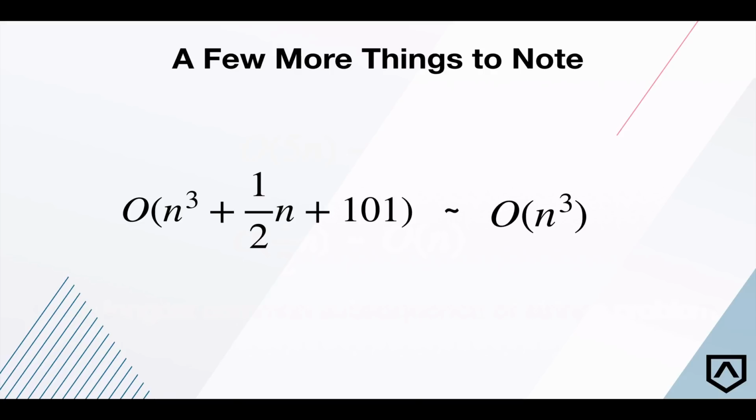Even though, pedantically speaking, you'd be a little bit more specific to enumerate the non-dominating terms as well, technically speaking you're perfectly correct in saying some runtime like this would simplify down to O of n cubed.